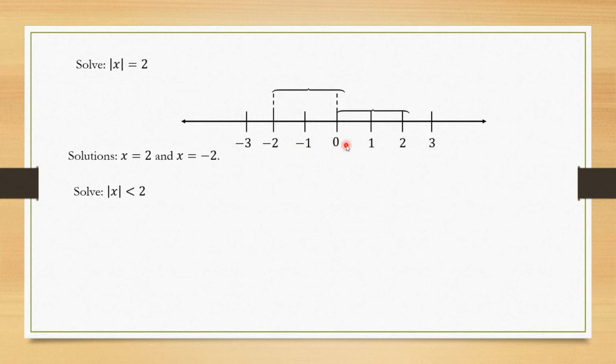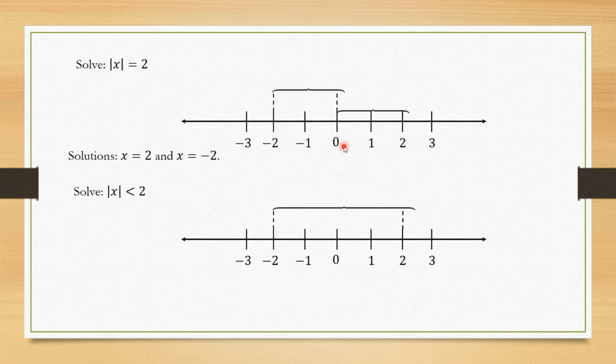In fact, if you take anything between -2 and 2, let me get the pen out, this will help. Any number between -2 and 2 is going to be at most 2 units from 0.